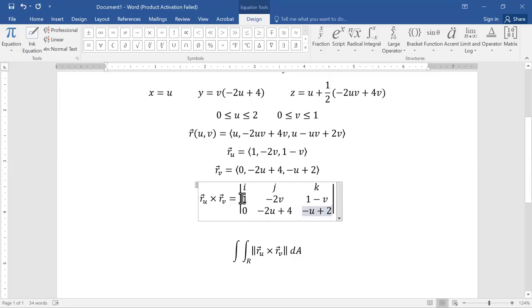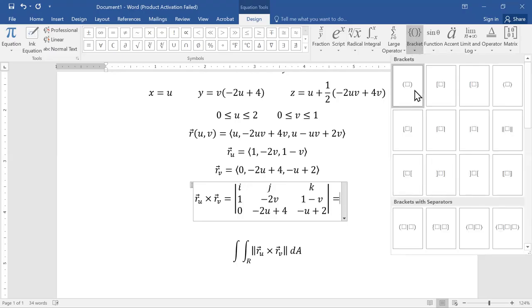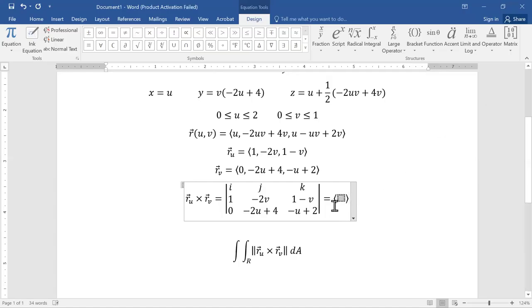So I take r sub u and I put it in row 2. r sub v, I put it in row 3. Take the determinant of that. I'll use bracket notation here. When I look at the i component, remember we find that by eliminating the column and the row that i is in. And then I take negative 2v times this minus negative 2u plus 4 times 1 minus v.